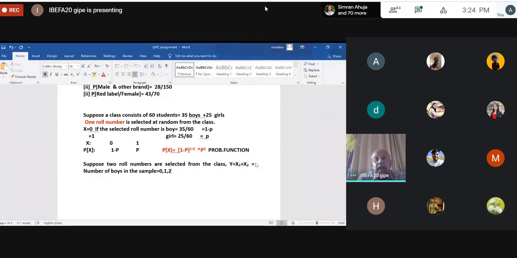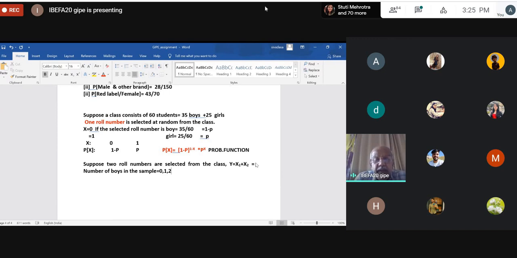Every symbol, every formula, every notation, every function has a verbal meaning in terms of your survey work. Initially I said only X because sample size is only 1. But now I say X1 and X2.